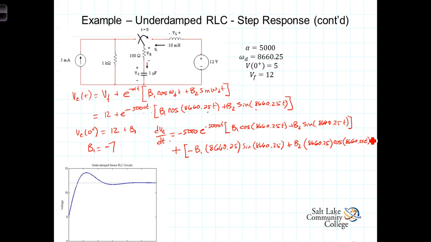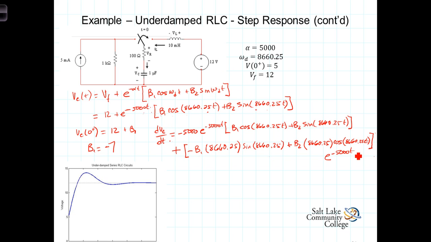Close that parentheses, and we still have that exponential term. I'm running out of room here, so let me just write it down here. The derivative times the e to the minus 5000 t, all multiplying this thing here.